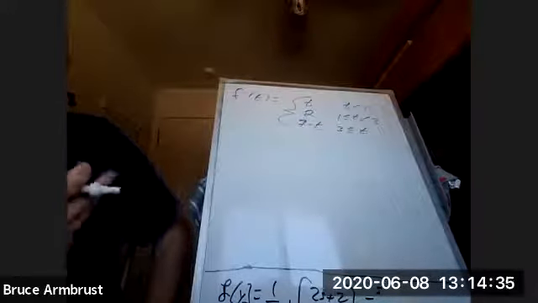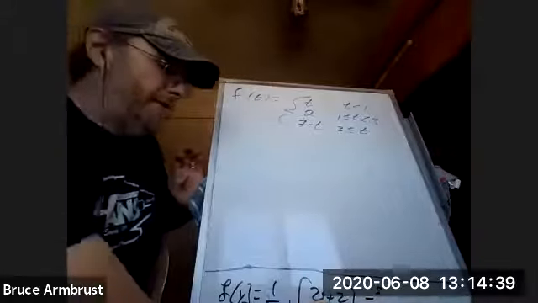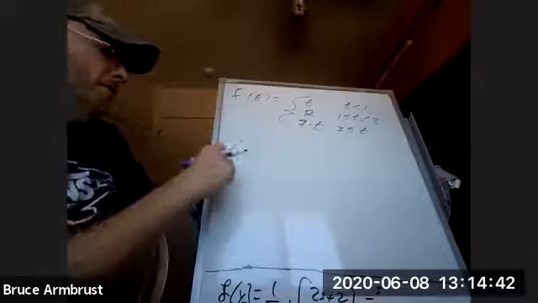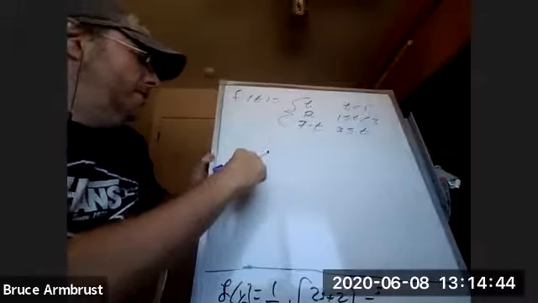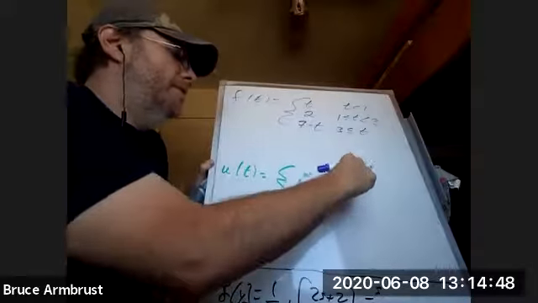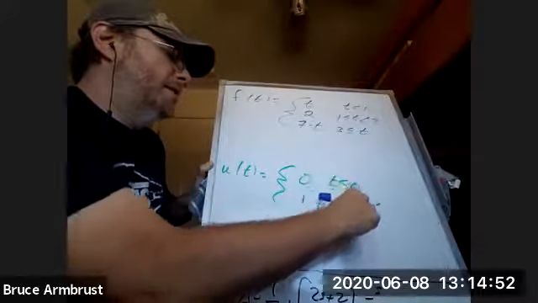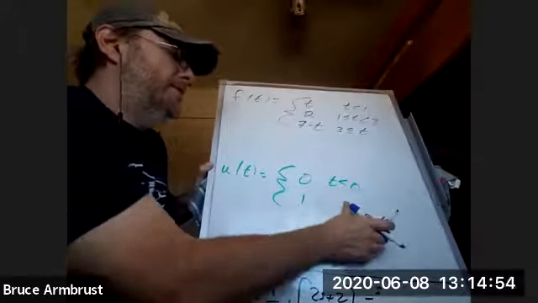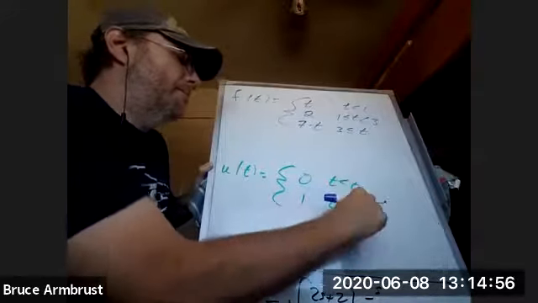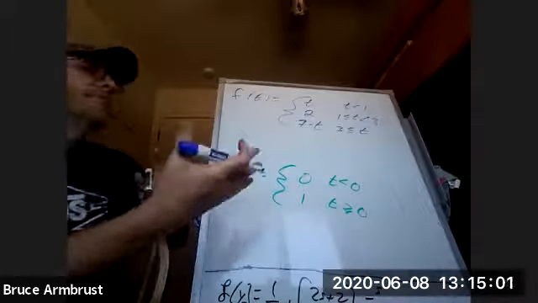Okay, so let's remind ourselves how this unit step function works. The unit step function, u of t, is the one that's 0 when t is less than 0, and it's 1 when t is greater than or equal to 0. The best way to think about it is it's something that turns something on.